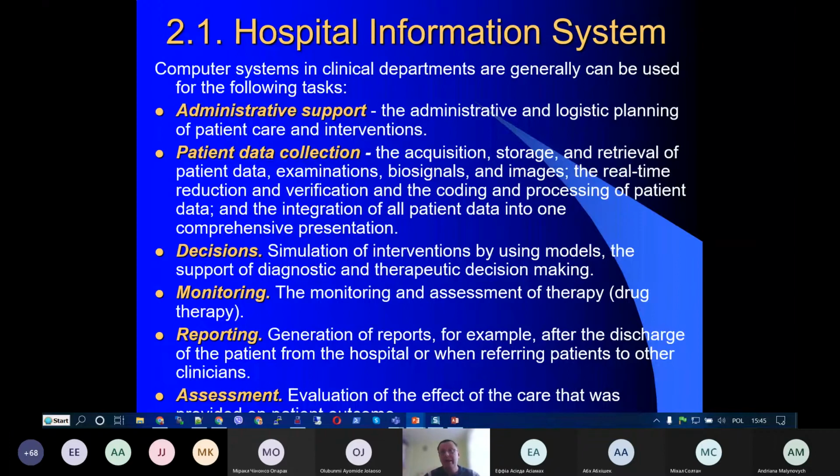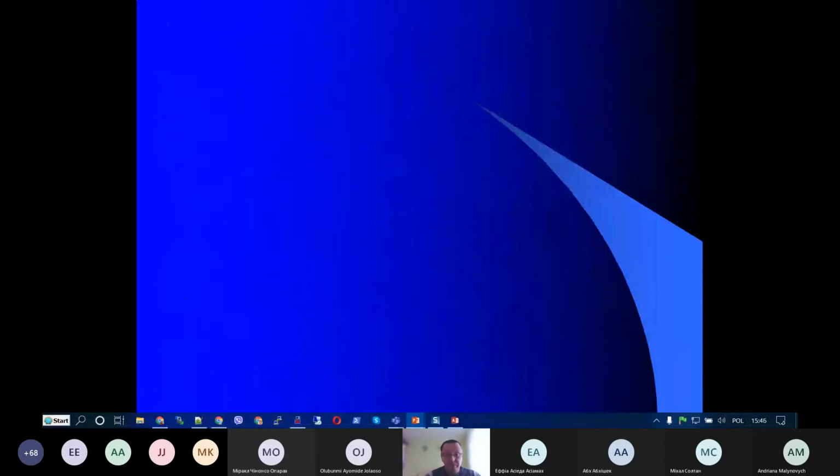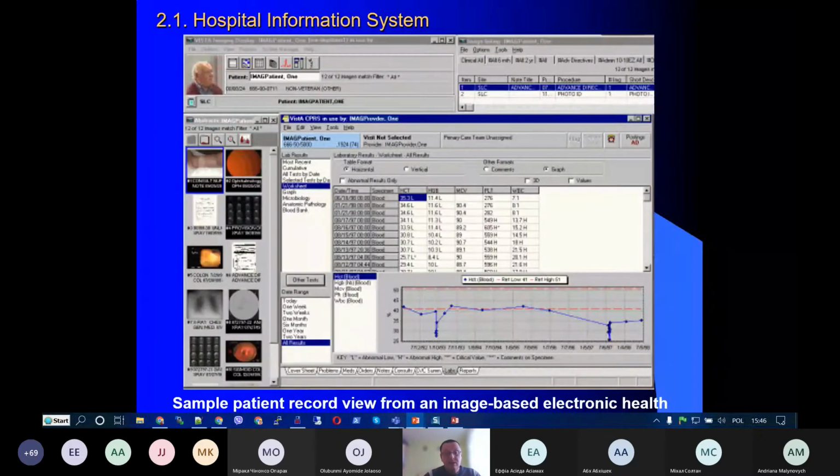If we rearrange the aims and tasks of the system in this way, so that patient data collection, decision making, and monitoring become primary goals, we will talk about the tasks of a clinical information system. Practically, one possible interface is, for example, the well-known VistA, the United States information system.